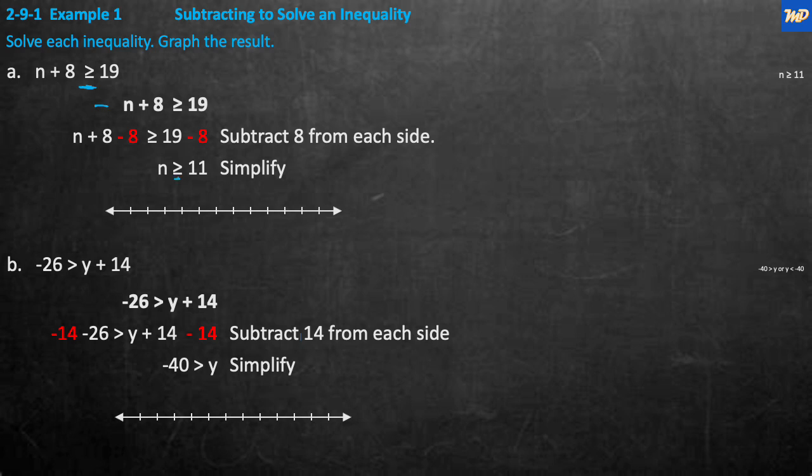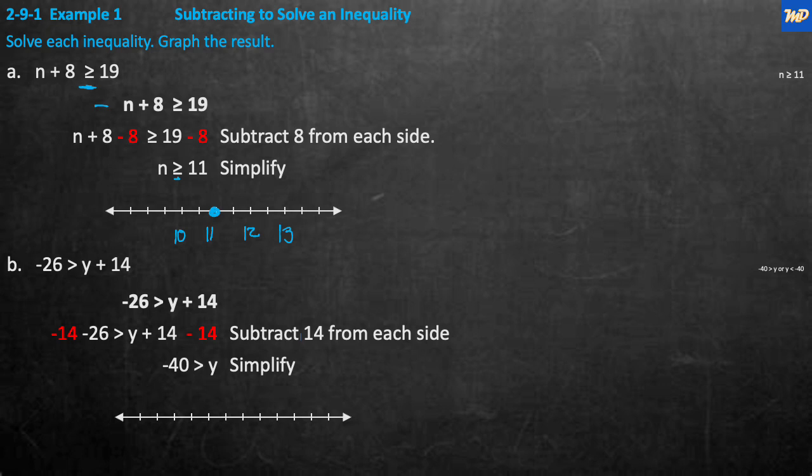So if I pick 11 to be right here, and let's say 12 to be here, and 13 to be here, and 10 to be here, since it's equal, I'm going to go right to 11 and put a dot right there. Now, when you read this inequality, it says n is greater than 11.